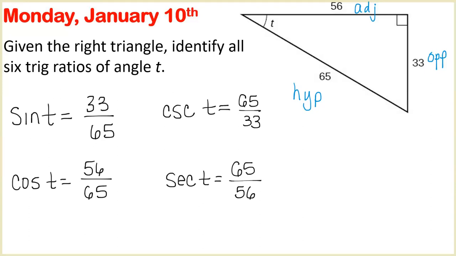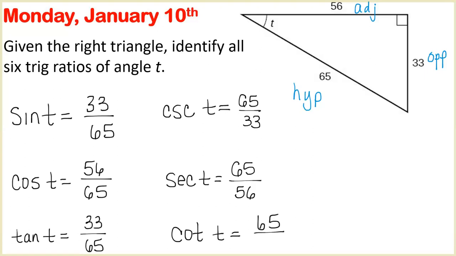And then we also have tangent, which is opposite over adjacent. And we have cotangent, which is adjacent over opposite. And that is your six. Oh, wait a minute, hold on. That's not right. Back up, back up.